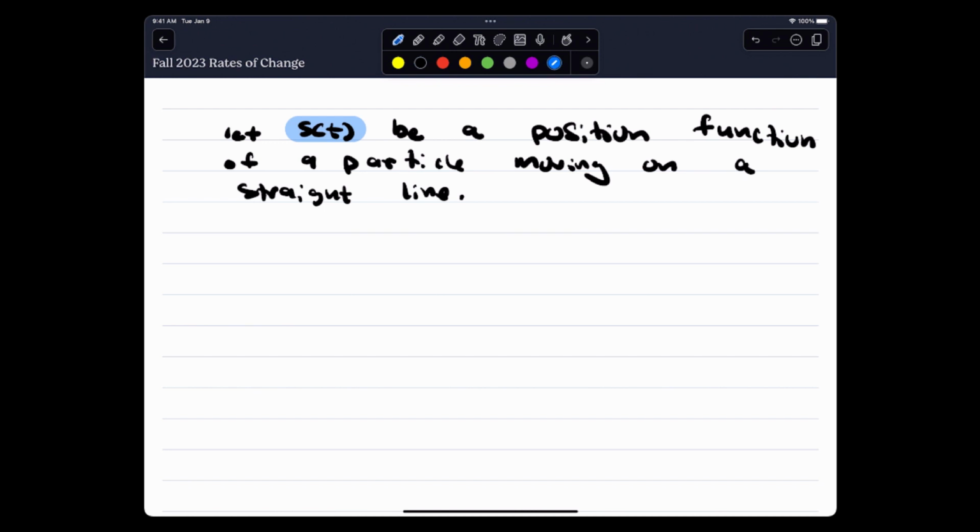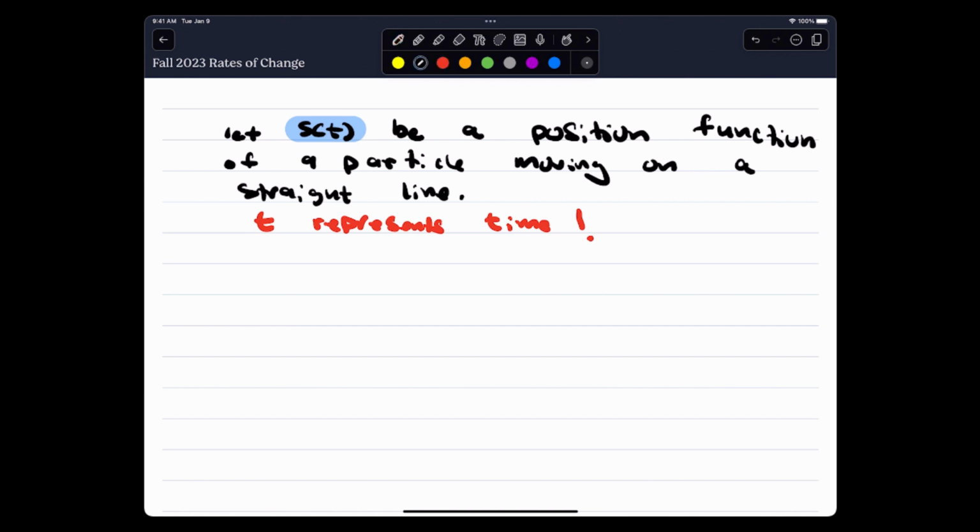S of t, where t represents time, and S is the actual position. We're going to start off with this idea of a particle moving on a straight line.